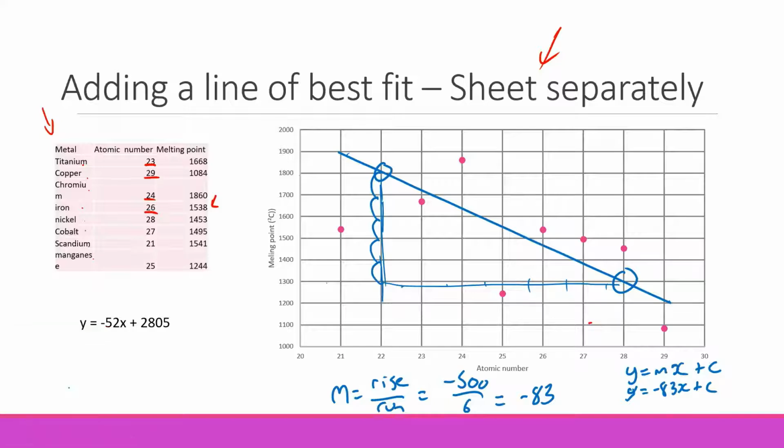Substitute a value in. Let's use this one. So 1084 equals negative 83 times 29 plus c. 83 times 29 is 2407, plus c.